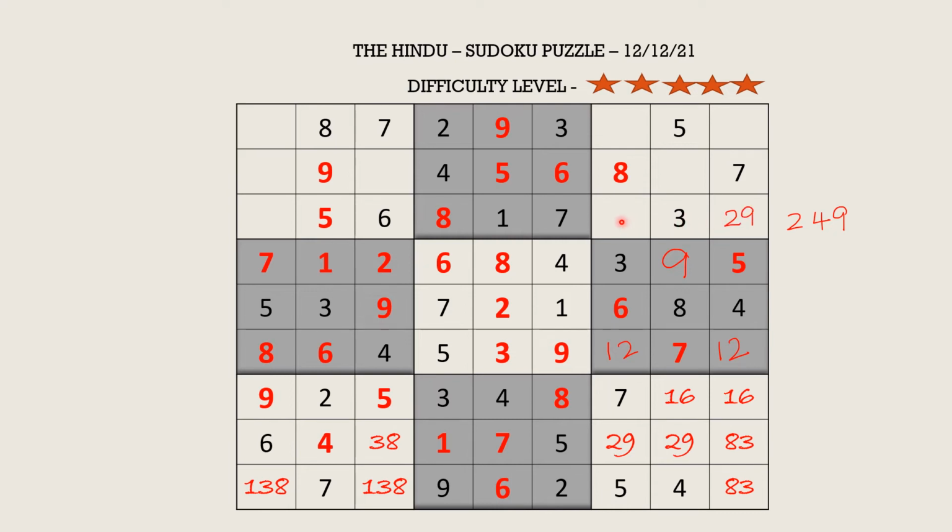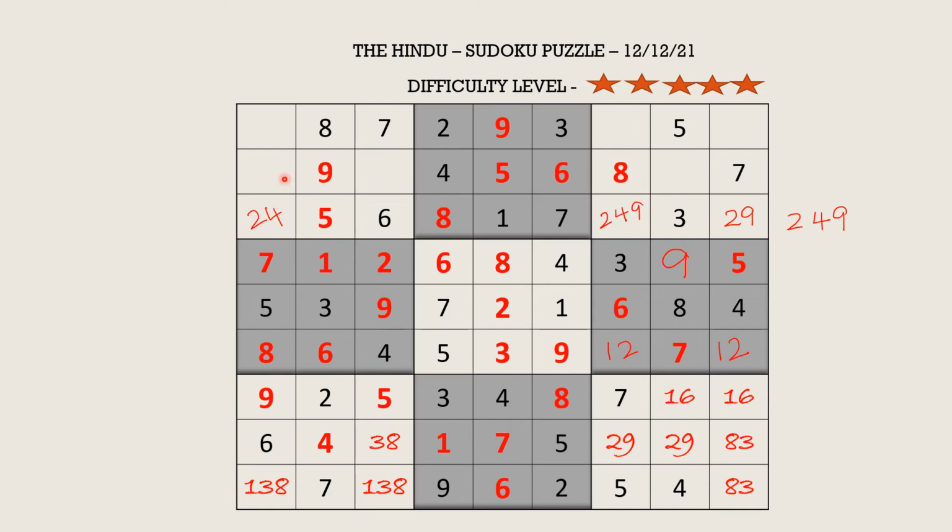Coming here, this cell let's mark with 2, 4, 9. And coming here, again this cell also. Yes, here we have a 9, so let's cancel out 9. So let's mark it with 2, 4. So this becomes a 2, 4, 2, 9, 2, 4, 9 triplet.